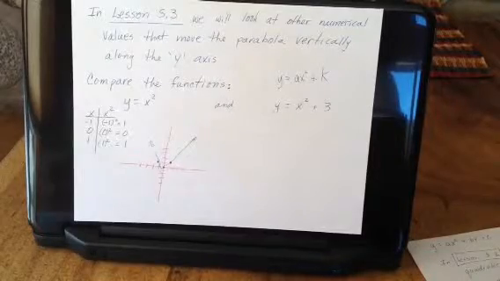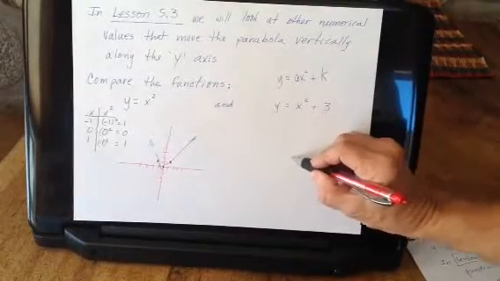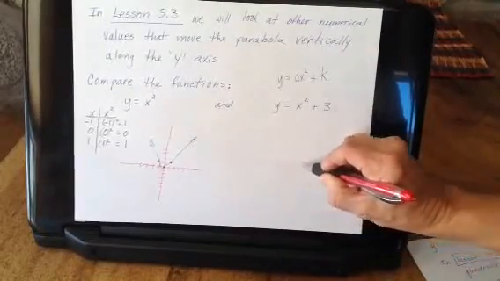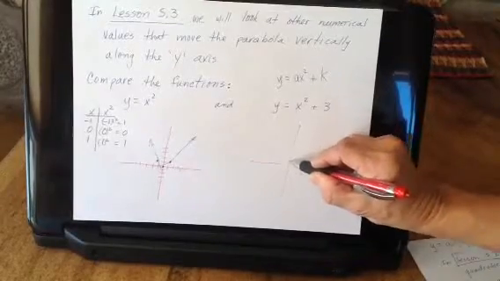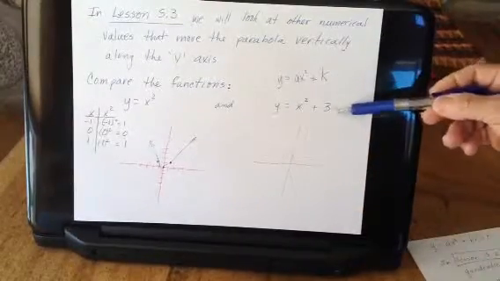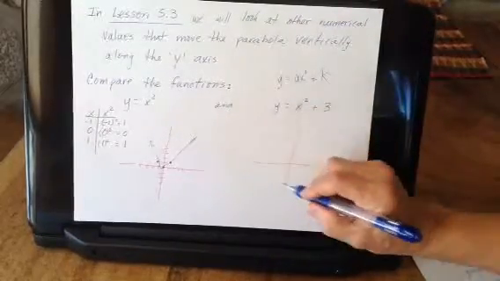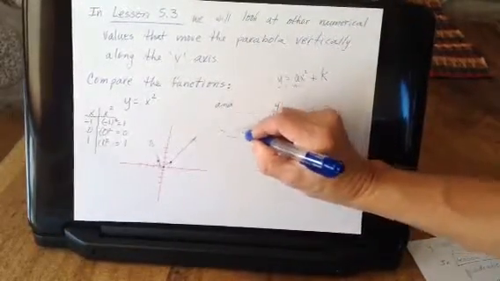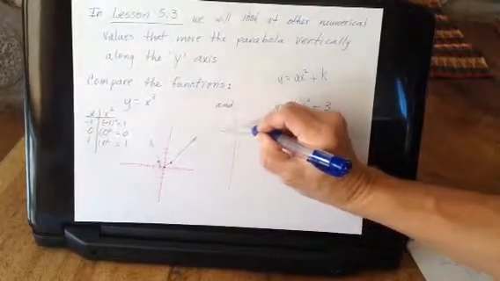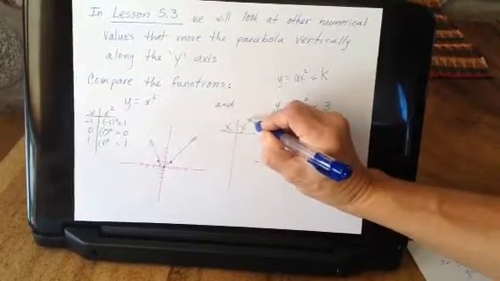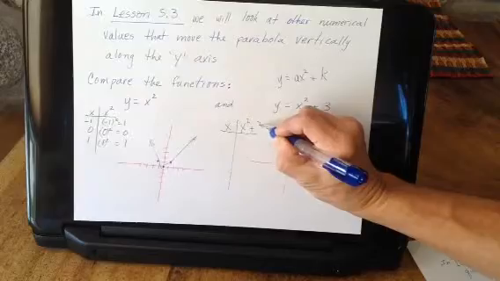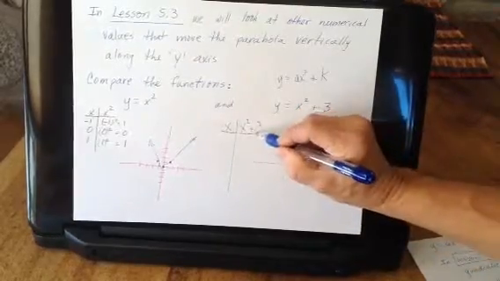The same thing should happen over here when we make our t-box and our graph, and we're going to see what this value of k does to our graph. So we'll make our nice little t-box here. We have x, and x squared plus 3 is our y this time.